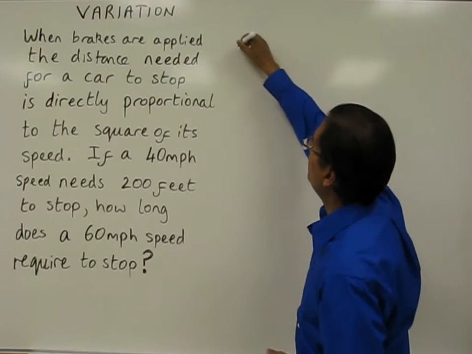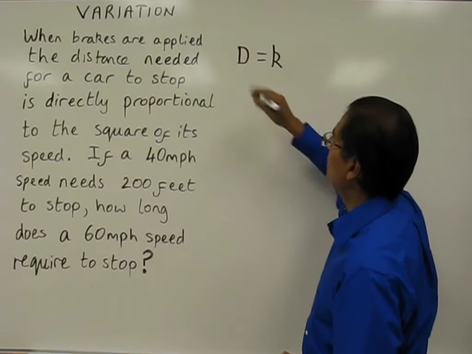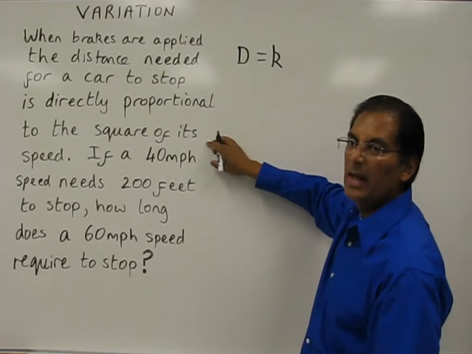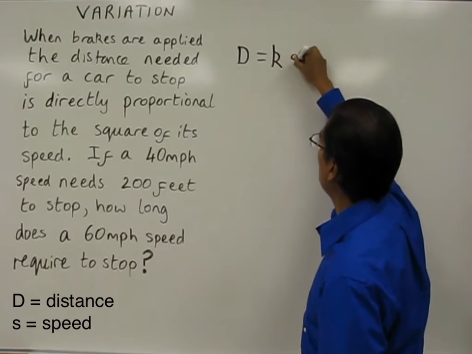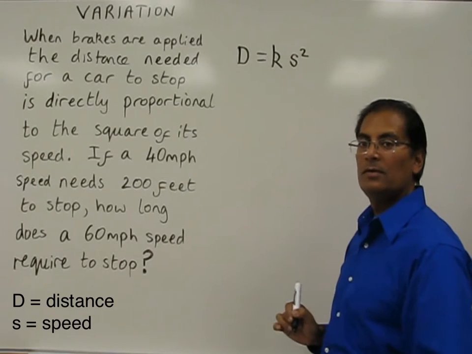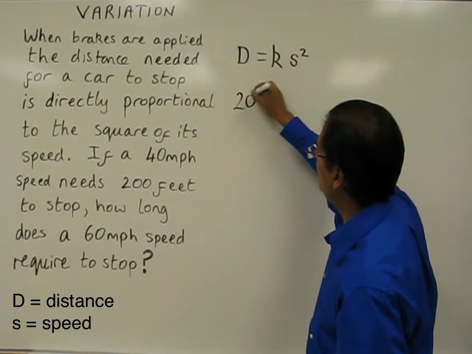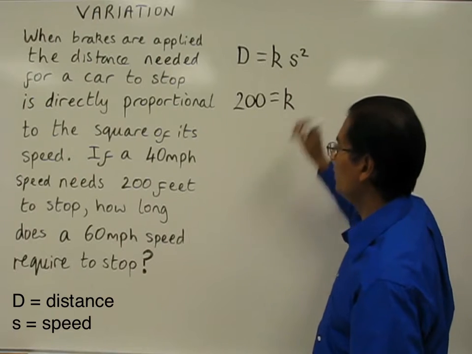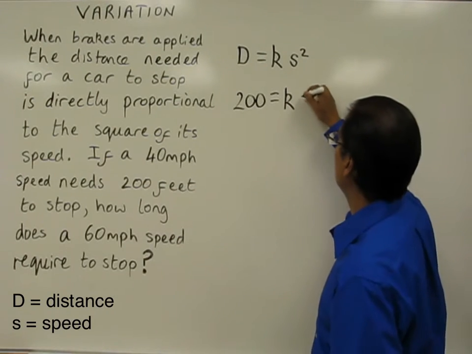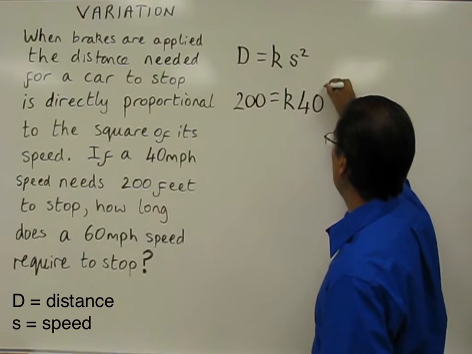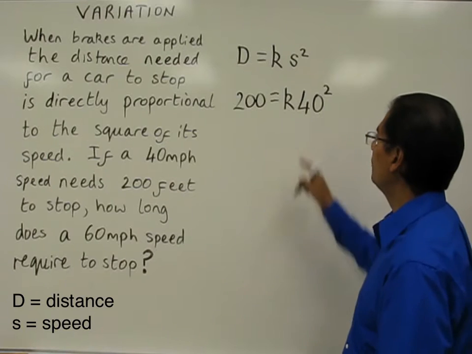So let's call distance d, and we'll call speed s. So d is directly proportional to the speed s squared: d equals k s squared. In addition, we're told that d is 200 feet when s is 40. So 200 is equal to k times 40 squared. We need to solve this equation for k.